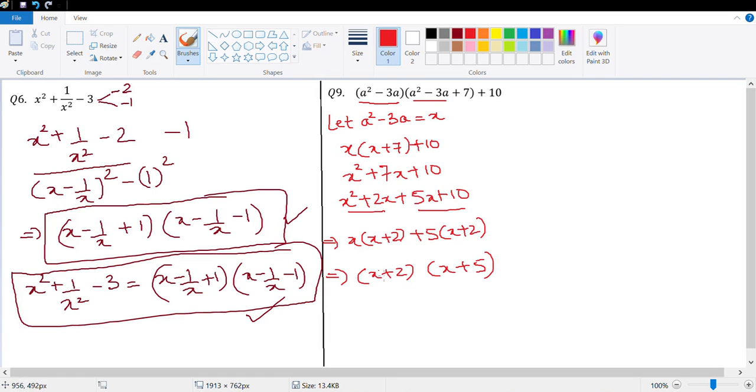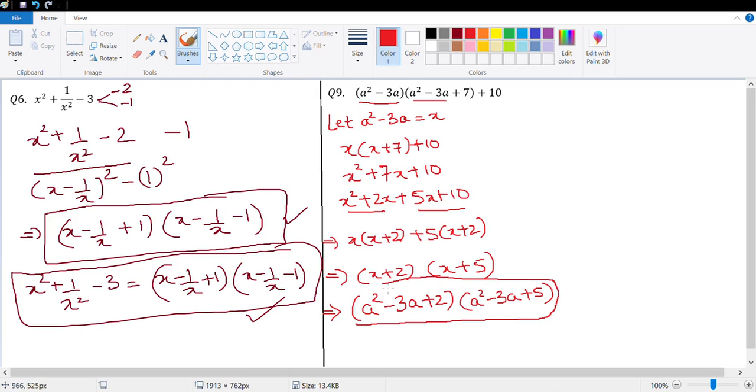Now x is a variable that we've introduced on our own, so let's replace x with a square minus 3a. So we have a square minus 3a plus 2 multiplied with a square minus 3a plus 5. Now, like I've said earlier, this is where most of the students lose their marks, because you leave your answer at this point.